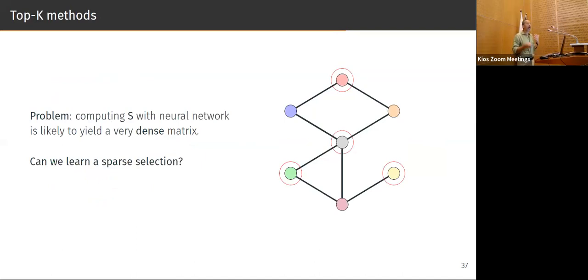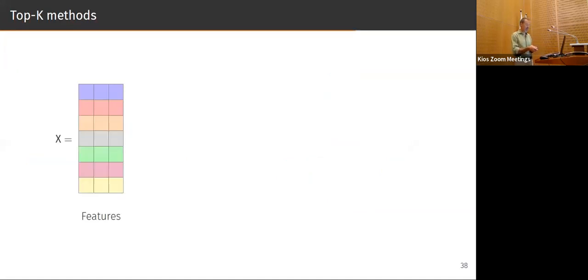And so how can we do that? In order to impose that constraint, or wish, because it is a wish, since we want to get a sparse selection, we needed to consider methods which are based on the top K. Let's look at it.